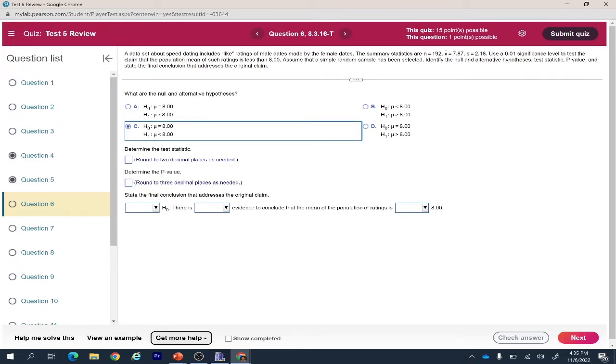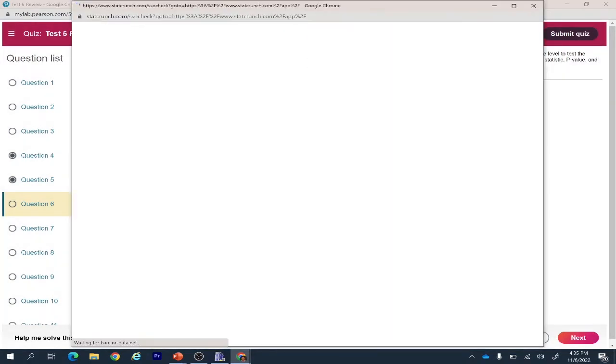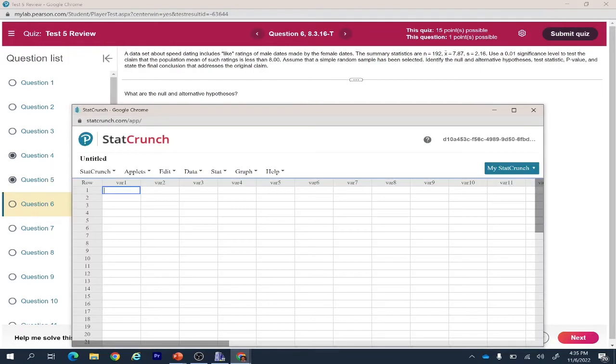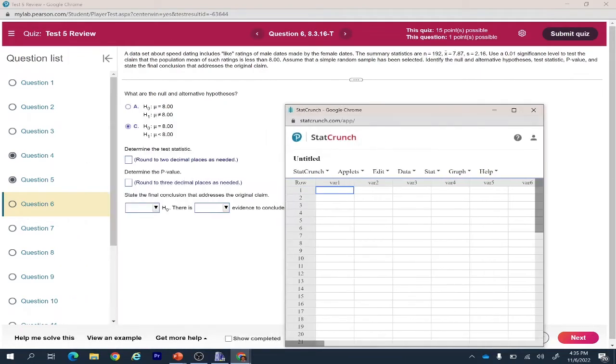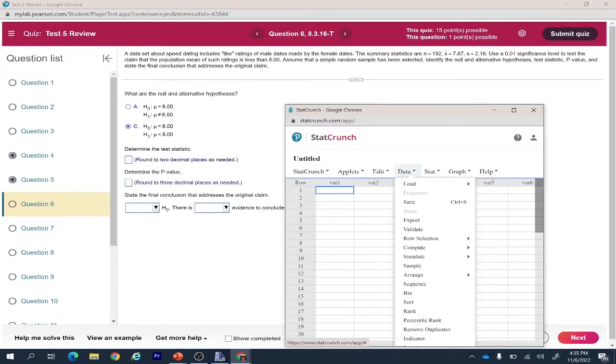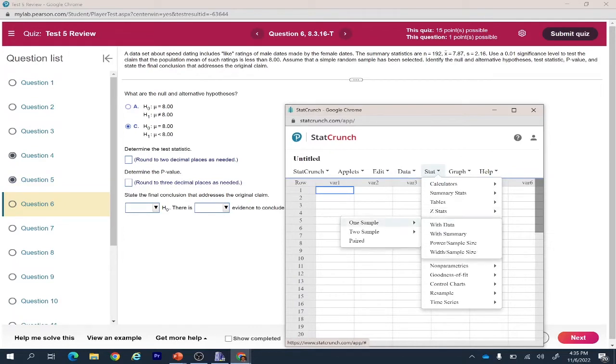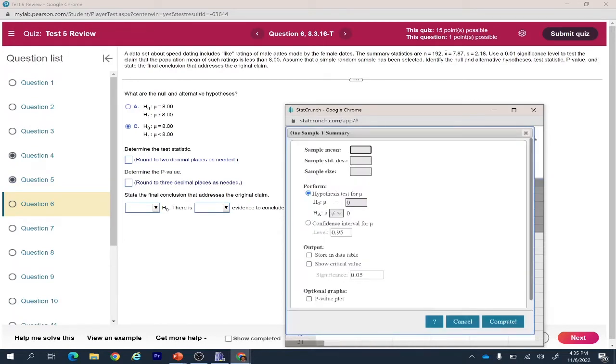So for finding the test statistic, we can use StatCrunch here. It's a t-test. So go here, stat, t-test, one sample with summary. Sample mean, as you can see here, is 7.87, the sample standard deviation is 2.16, and the sample size is 192.